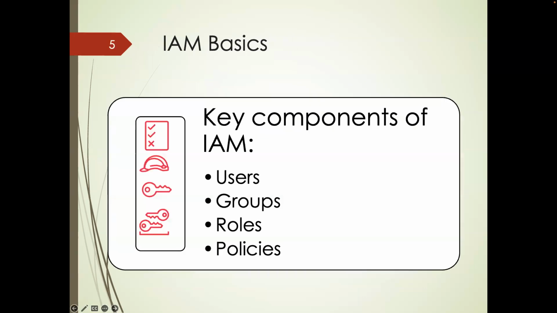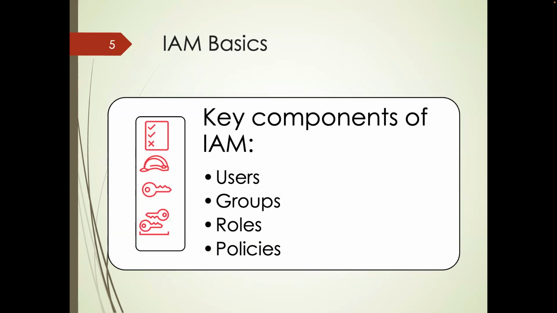Moving on further, let's talk a little bit on the IAM basics. IAM, as I mentioned, stands for Identity and Access Management. It is a fancy term for controlling who can do what in your digital world. It's like having a VIP list for your digital space, making sure only the invited guests get into the castle. IAM has some important friends, that is users.